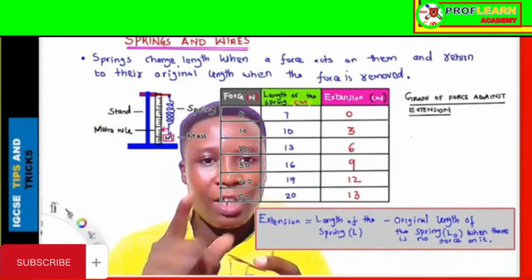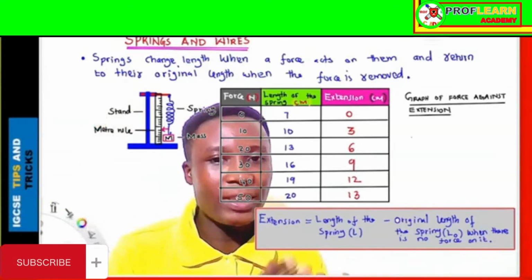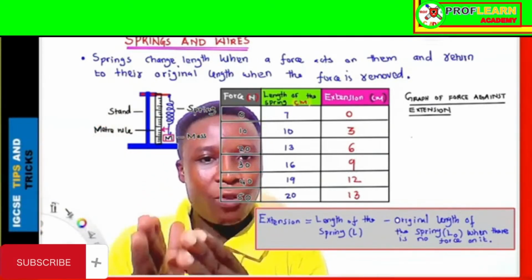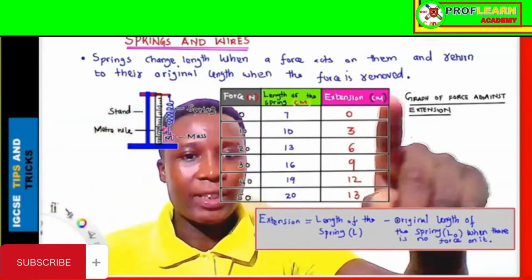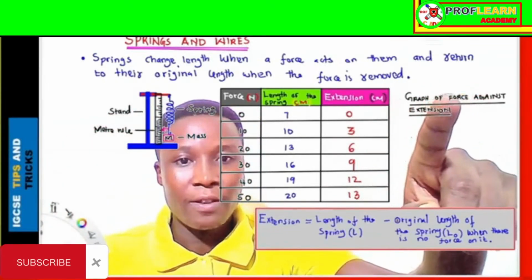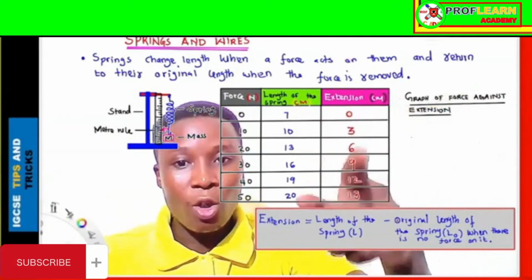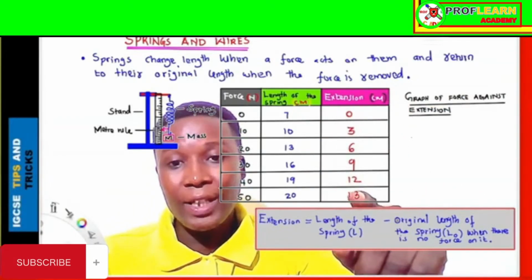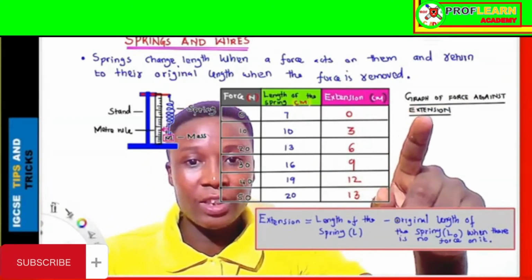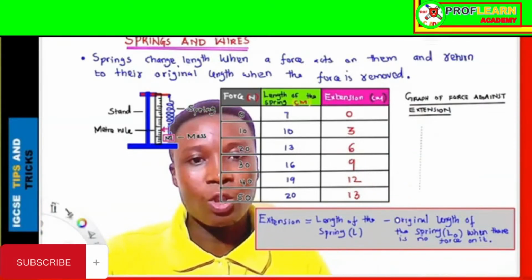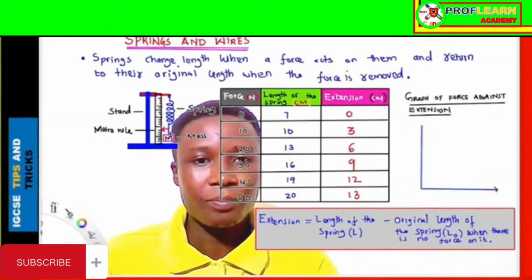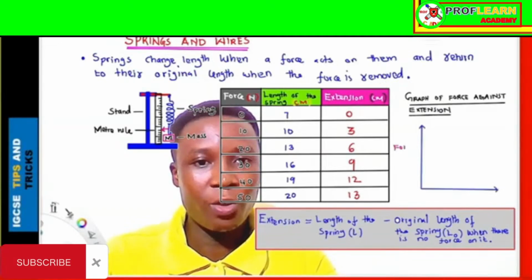When you are told force against extension, the quantity that comes first is force, meaning that force should be on the y-axis, and the one that comes second, extension, should be on the x-axis. So we need to draw the axes. On the y-axis we're going to have force in Newton, and on the x-axis we're going to have extension.